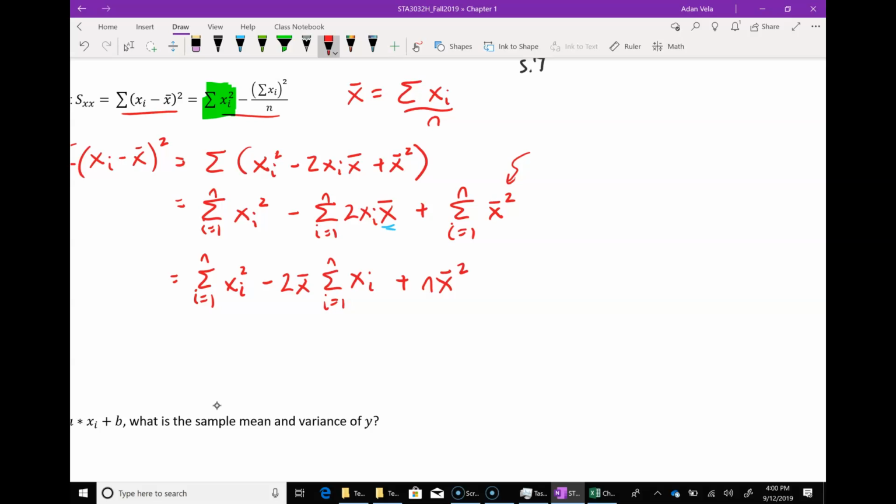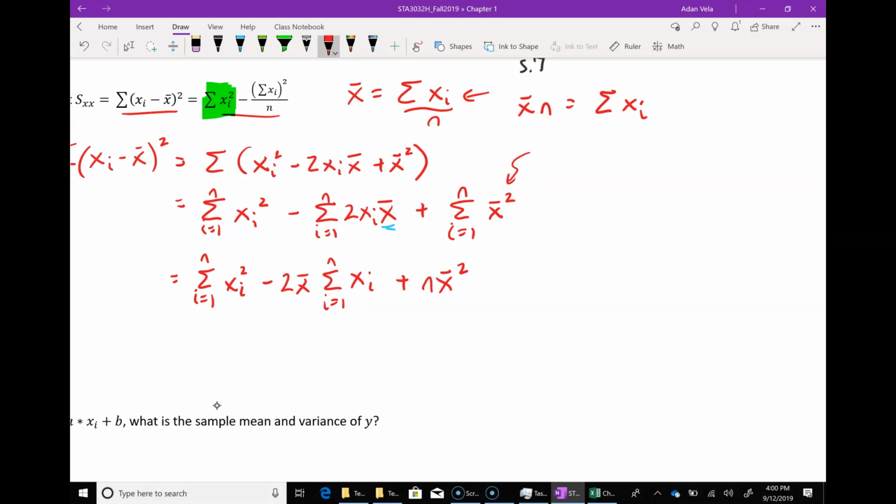In the same way as before, we can notice that the summation of xi here is just the numerator right there. So if we multiply both sides times n, we know that x bar n is equal to the summation of xi.